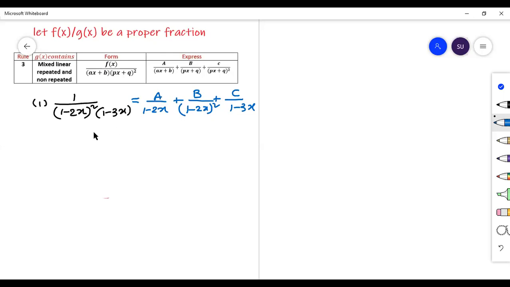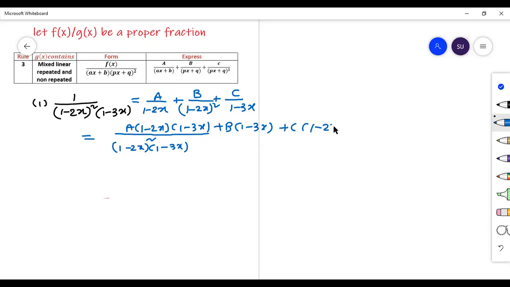So same, by taking LCM here, (1 minus 2x) into (1 minus 2x) whole square into (1 minus 3x). This is the LCM, right? So already 1 minus 2x, one term is there. So A into (1 minus 2x) into (1 minus 3x) plus B into (1 minus 3x) plus C into (1 minus 2x) whole square.